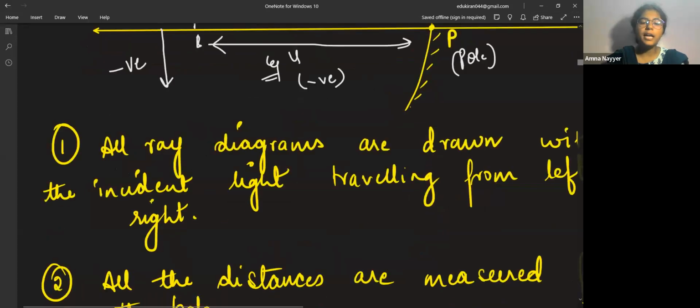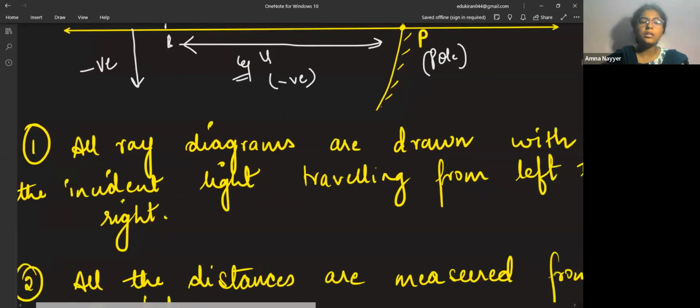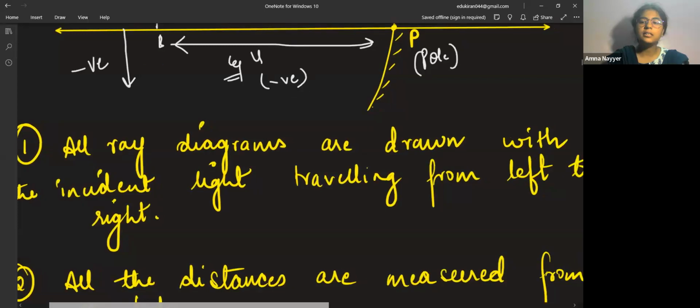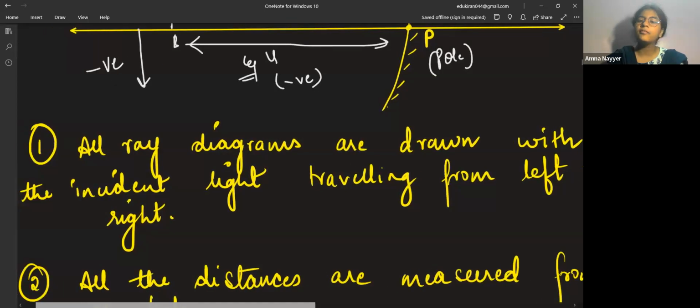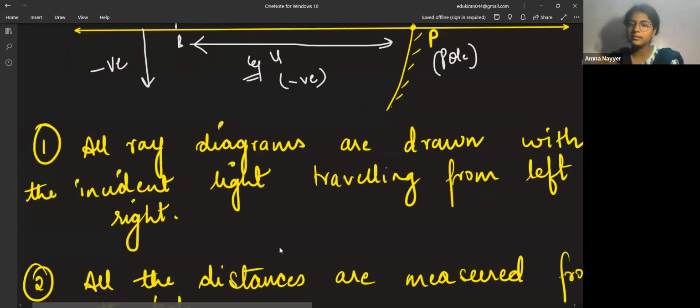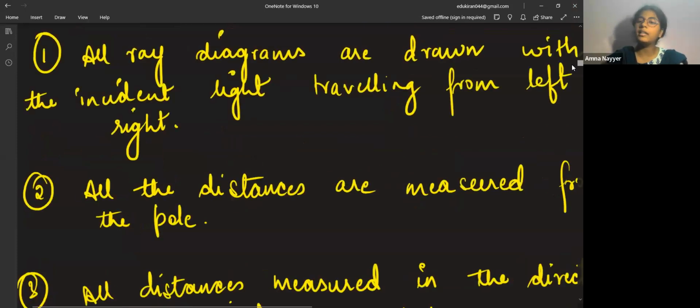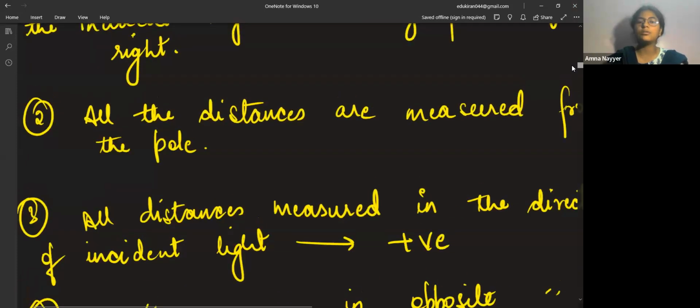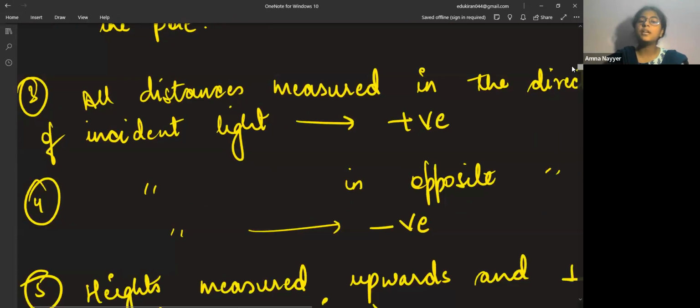So all ray diagrams are drawn with the incident light traveling from left to right. Left to right basically means if you reverse the mirror, that becomes right to left, whichever type of mirror you have taken. All distances are measured from the pole. This also I've told you. All distances measured in the direction of incident ray are positive.